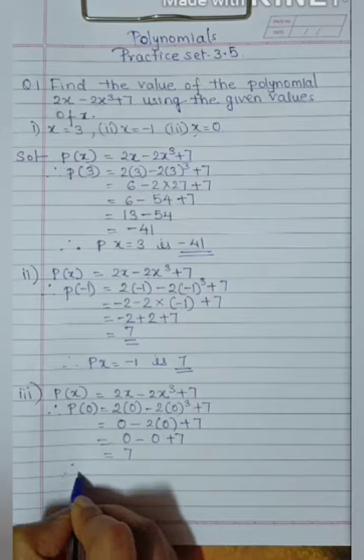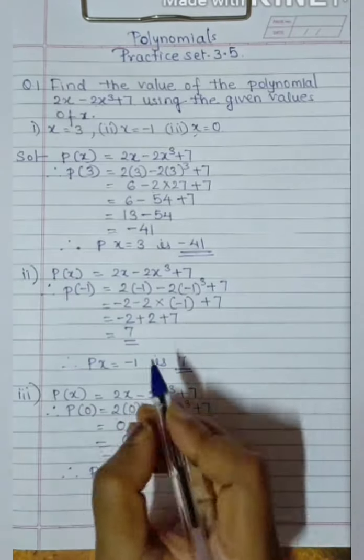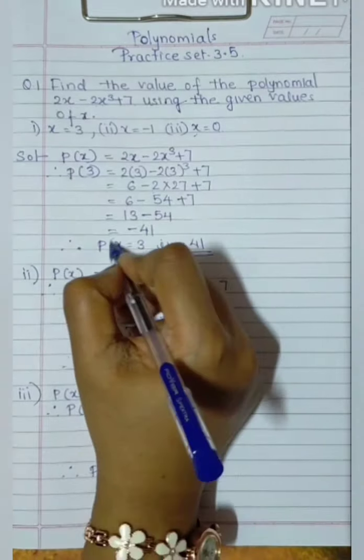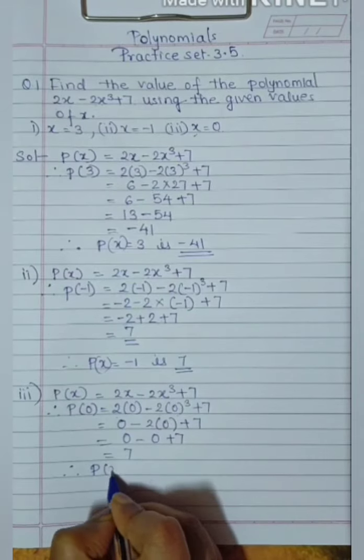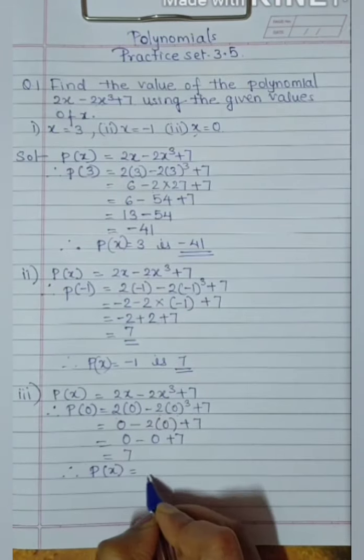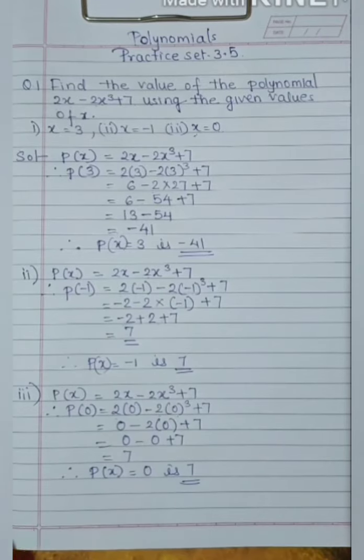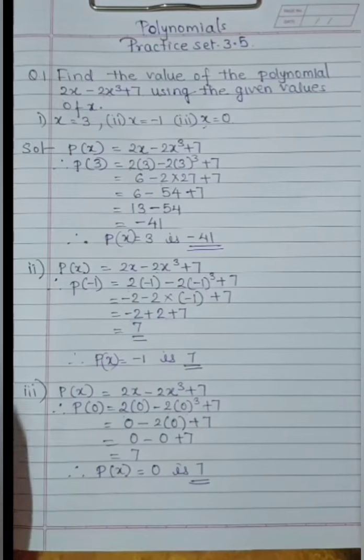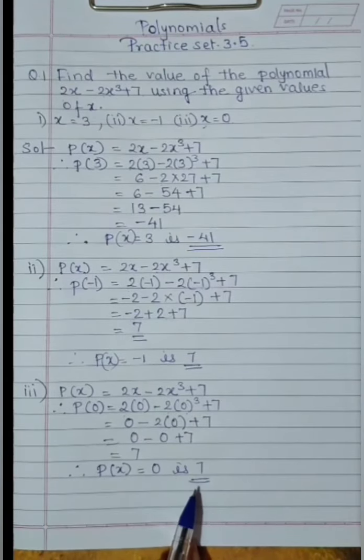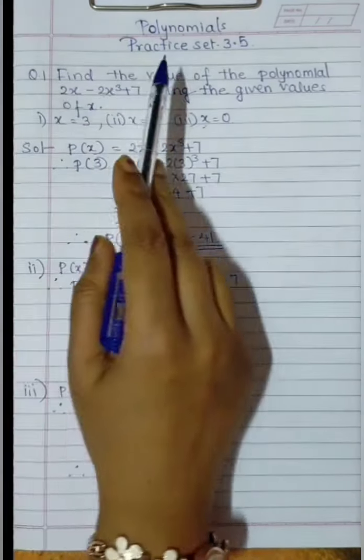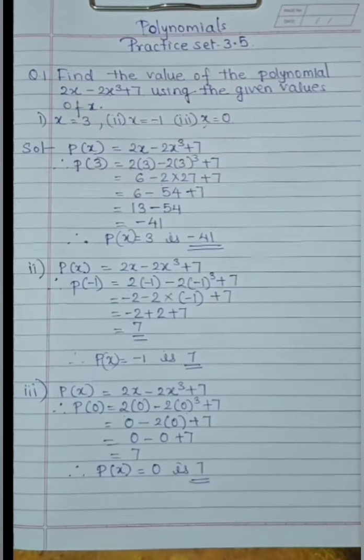So therefore, okay, p of x, I forgot to write like this. I am writing now, x equal to 0 is 7. So we have solved question number 1 of practice set 3.5.